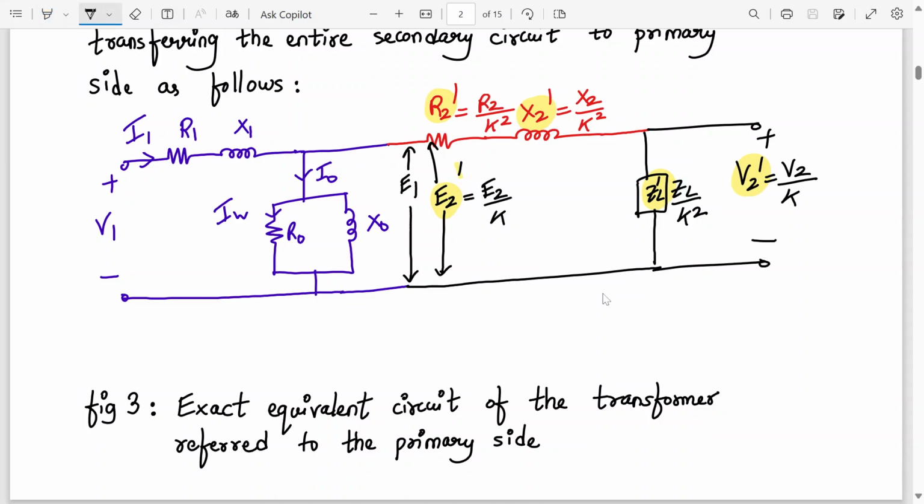And the secondary current changes to I2 dash, which is given by I2 into K square. Remember, the current gets multiplied by K square. Only the current gets multiplied, rest all gets divided. So this is the exact equivalent circuit of the transformer referred to the primary side.